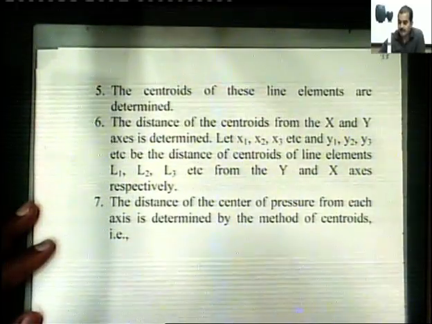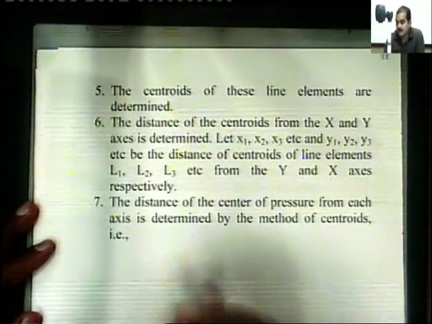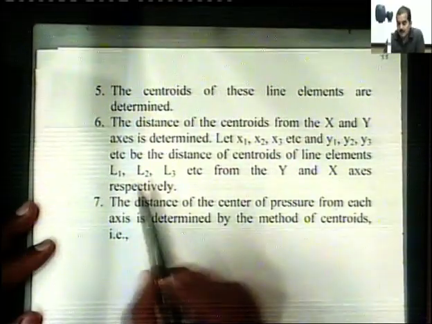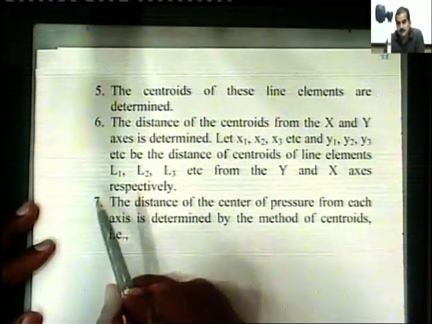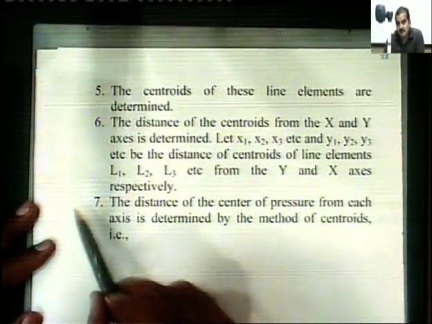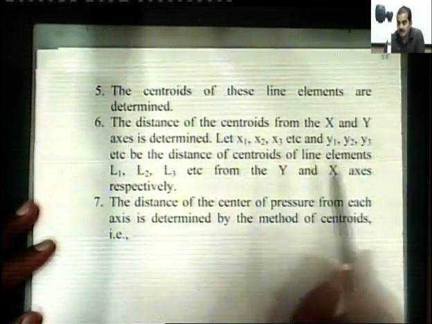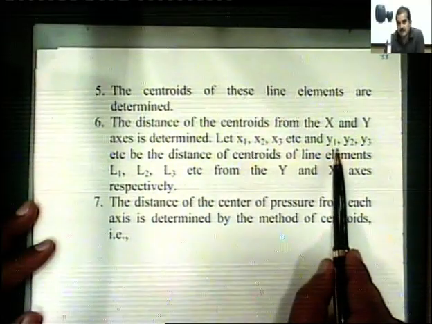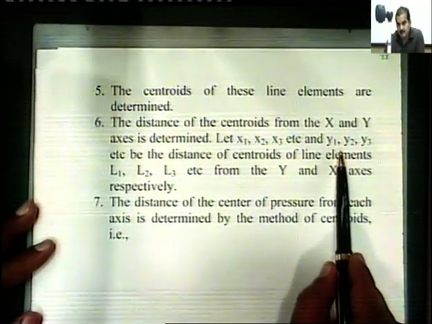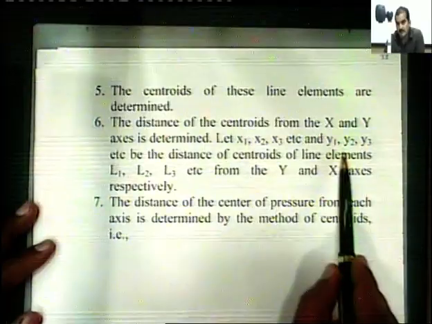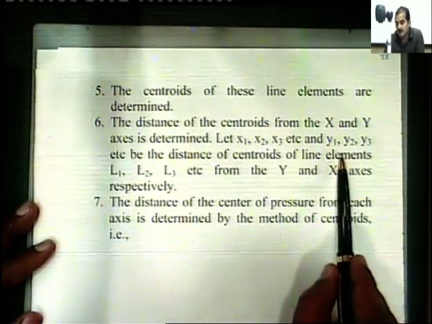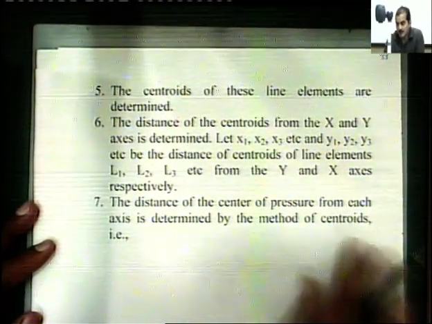Suppose x1 is the distance of the first line segment from the y axis, and similarly y1 is the distance of this line perimeter, the centroid of the line segment, from the x axis.